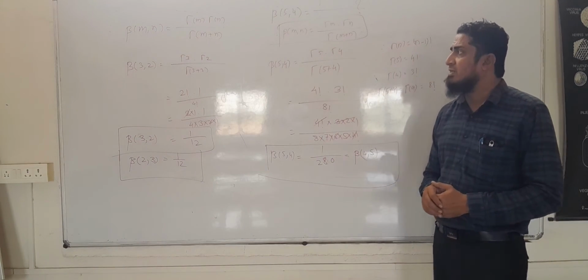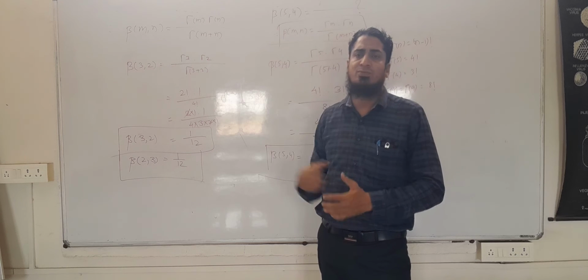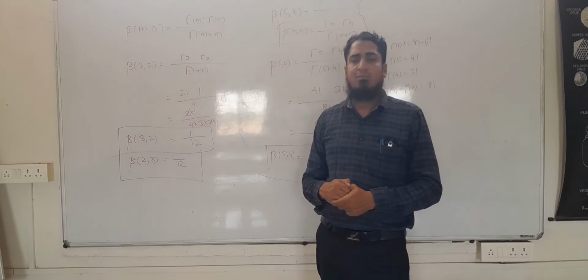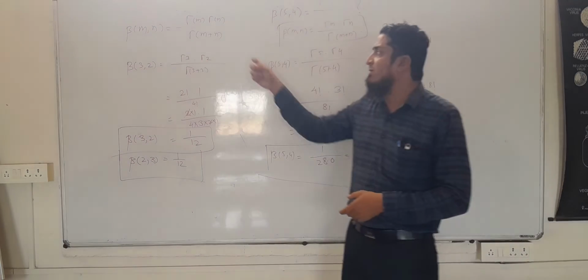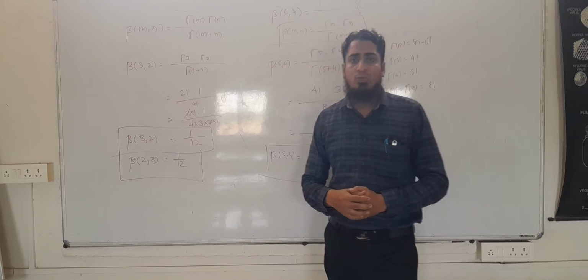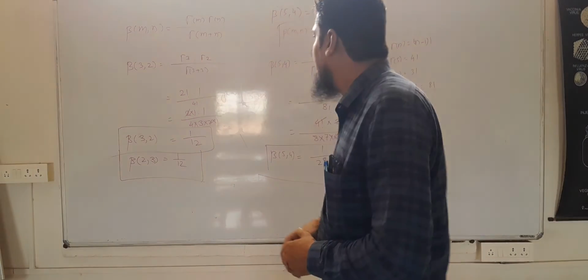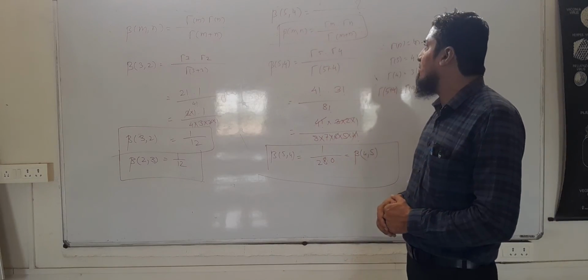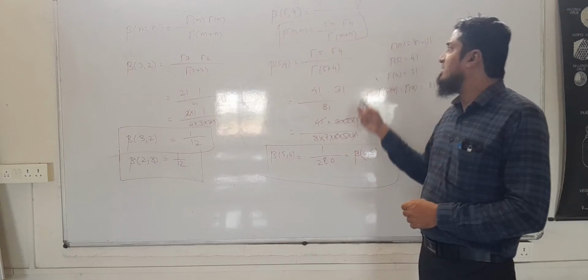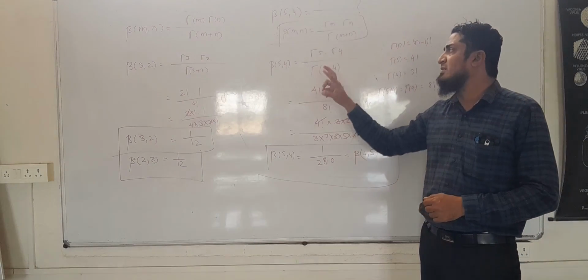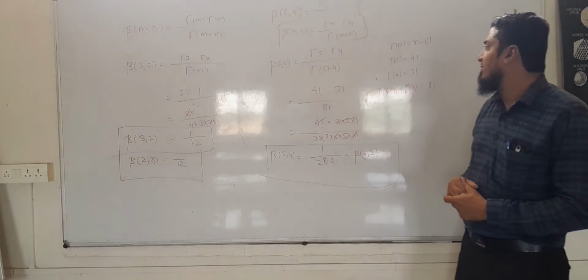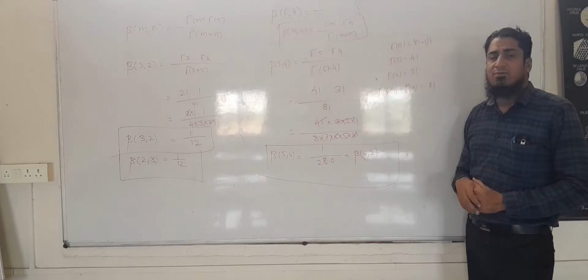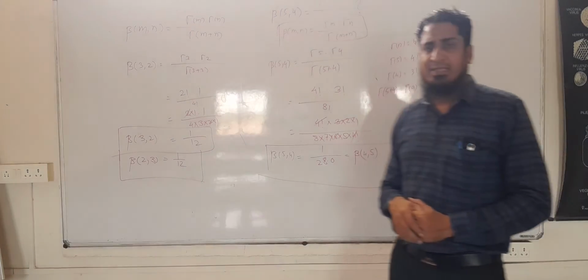And we have seen the relation with the gamma function, beta of m, n is equal to gamma of m into gamma of n upon gamma of m plus n, and with the help of this formula we have solved two examples which are easy to calculate. But we have to know these two formulas, the relation between beta and gamma, and that gamma of n is equal to n minus 1 factorial where n is a positive integer.